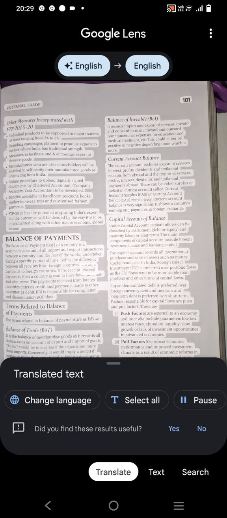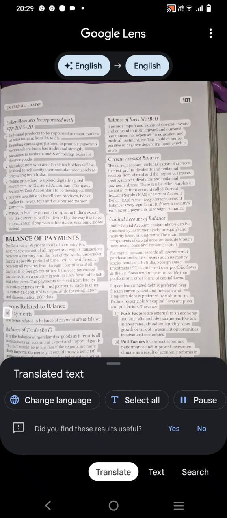If the receipts exceed payments, then a country is said to have a favorable BOP, and vice versa. The payments received from foreign countries enter as credit and payments made to other countries as debit. RBI is responsible for compilation and dissemination of BOP data.